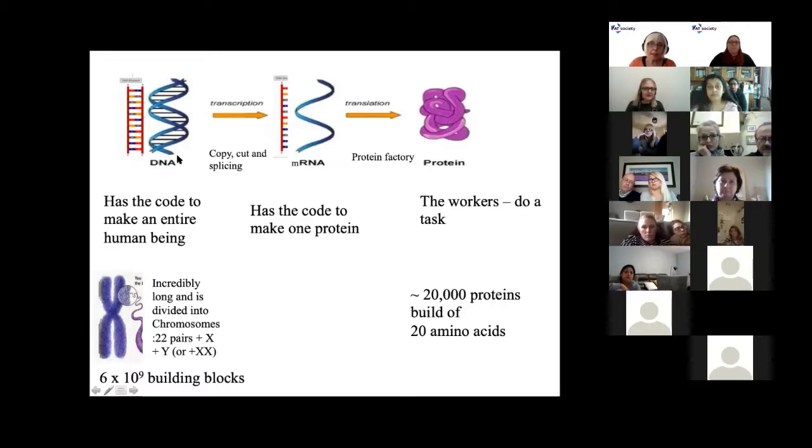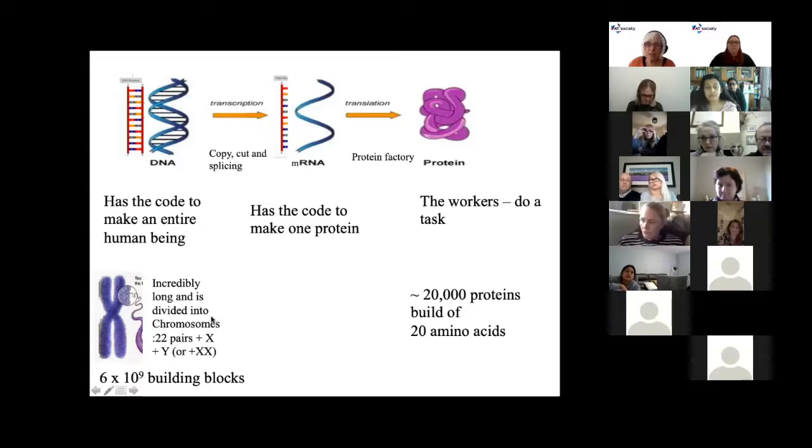The DNA, I've told you that it's a long molecule, and that's not completely correct. It's actually divided into chromosomes, although they're long molecules. We have 22 pairs of chromosomes, in all human beings, plus an X and a Y, or plus 2 X's.